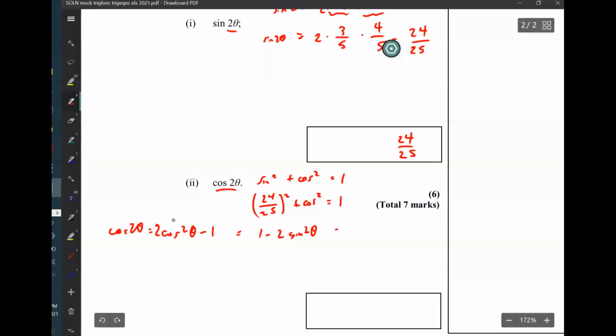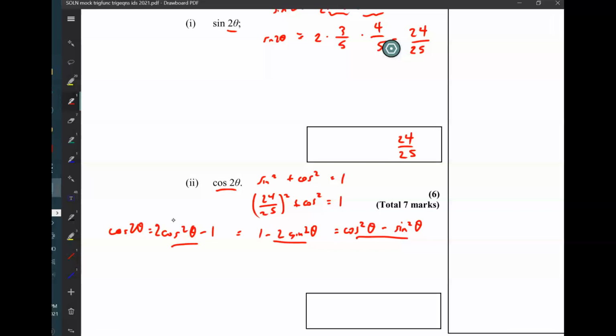Oh, by the way, there's a third one, which is usually never the best option, which is cosine squared theta minus sine squared theta. The reason why this is not very useful is because it requires you to know both sine and cosine, whereas this only requires that you know sine, and this only requires that you know cosine. So in most cases, you're going to know cosine or sine, but you're not going to know both.